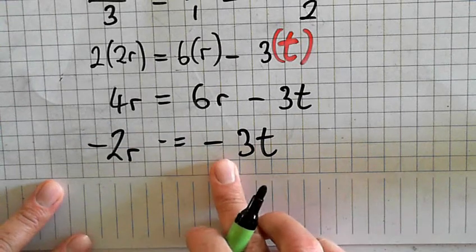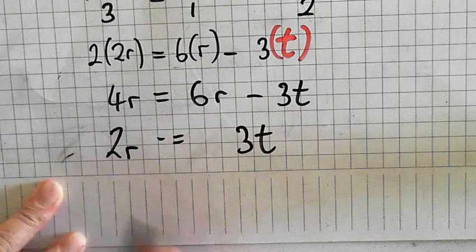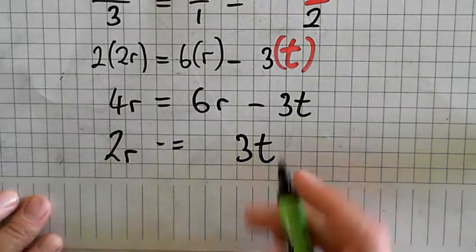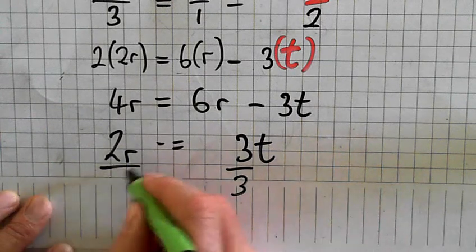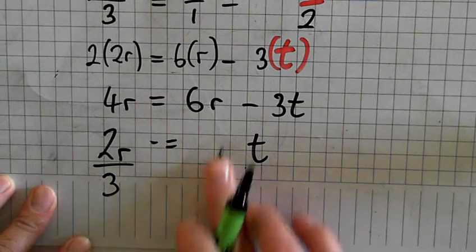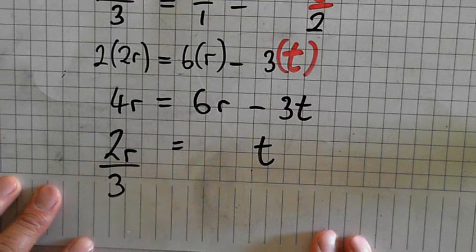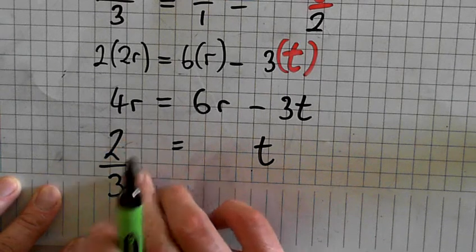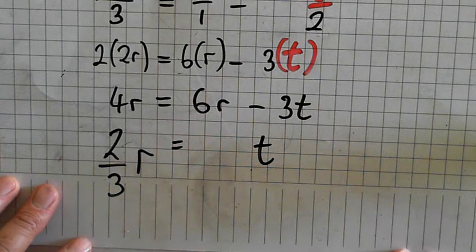And I need to change the sign over here. Plus. Plus. And I want to get rid of the 3 in front of the t. Divide by 3. 3 divided by 3 is? T is equal to 2r over 3. Or you can write it as 2 over 3 r.